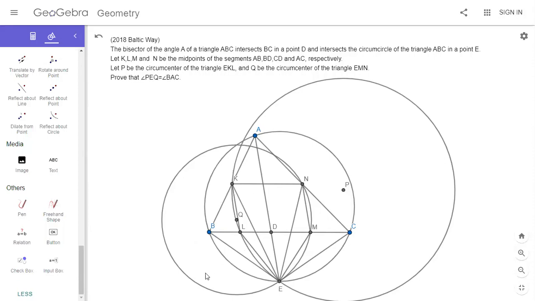Actually, here's maybe an easier way to think about it. You don't even have to make it that complicated. You understand that BED is similar to BEA, right? Yeah. L is the midpoint of BD and K is the midpoint of AB. So L and K are corresponding points in those two similar triangles, right? Makes sense. Since they correspond, angle BEL is equal to angle AEK.